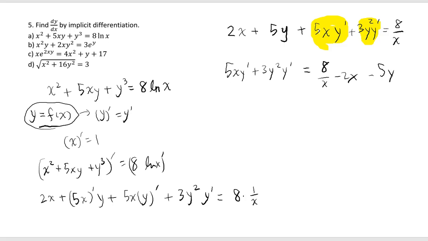The reason you do this is because then you can always factor the y prime out. And indeed, that's how you solve for y prime. Factor the y prime. The right side is the same as before.